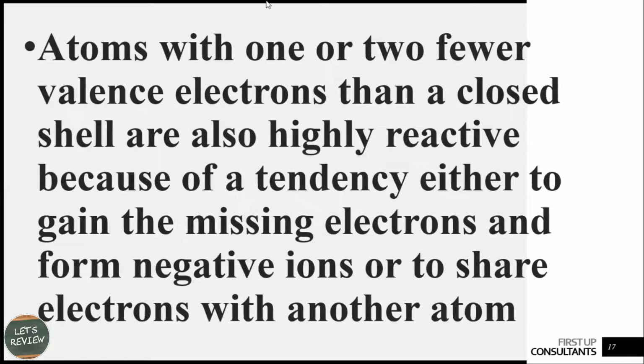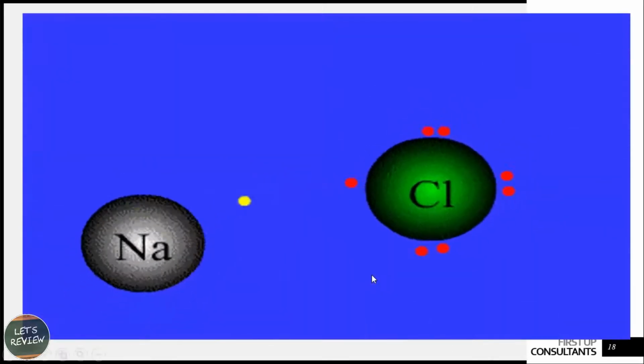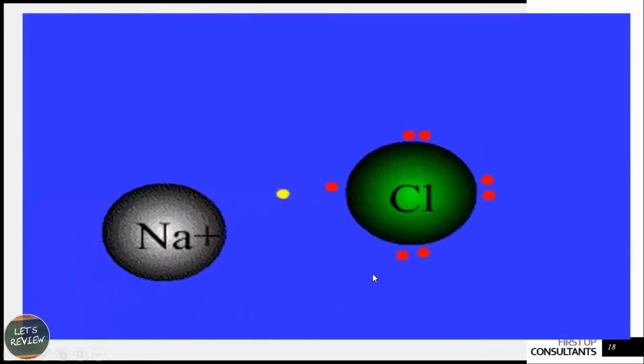And atoms with one or two fewer valence electrons than a closed shell are also highly reactive because of the tendency either to gain the missing electrons and form negative ions, or to share electrons with another atom, like sodium chloride.